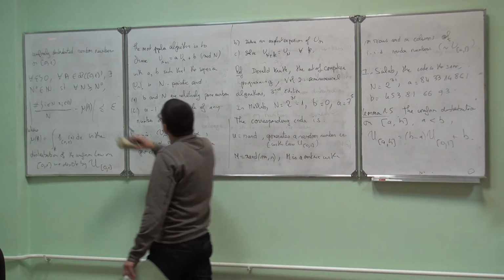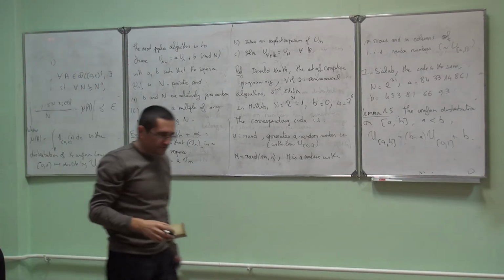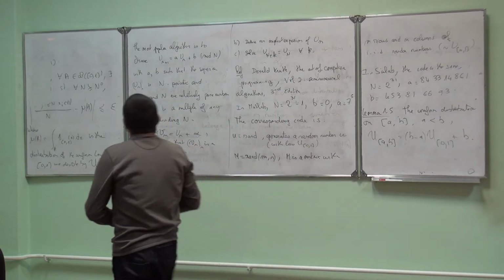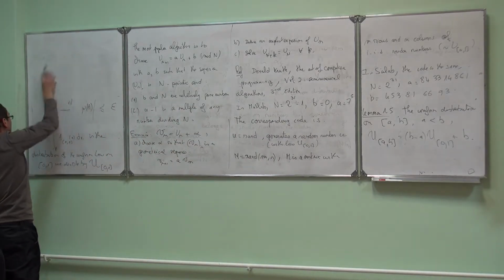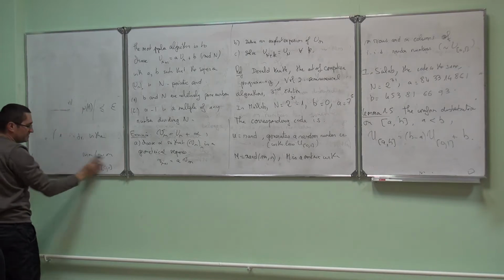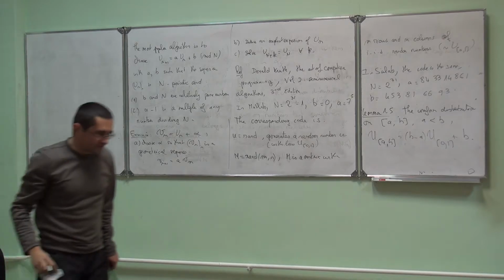Now, more generally, we can consider uniform distributions on a domain in Rd. Rd is the set of all d-dimensional vectors. So let us recall briefly the definition.